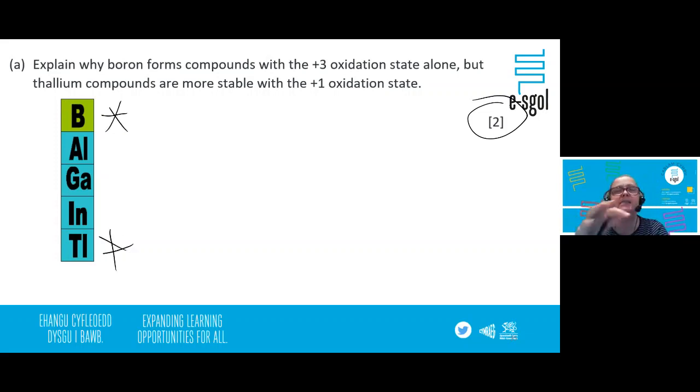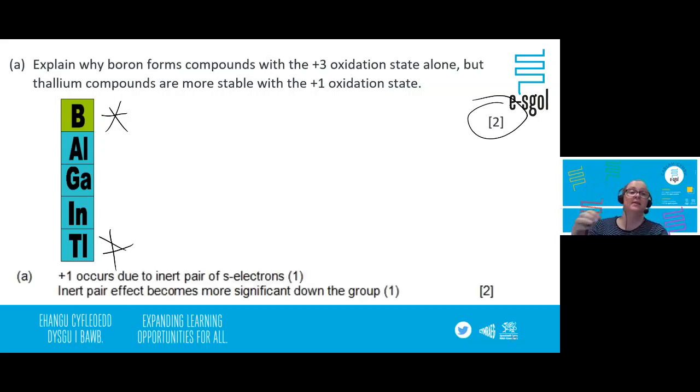Yes, it's possibly not what you expect, because it's not the classic group 4 that they're focusing on. We're focusing on group 3 here, but as I outlined to you, the inert pair effect is evident in group 3, 4 and 5. So what they're asking you to focus on there is that the +1 occurs due to the inert pair effect, so the inert s pair. Tick, 1 mark, happy days.